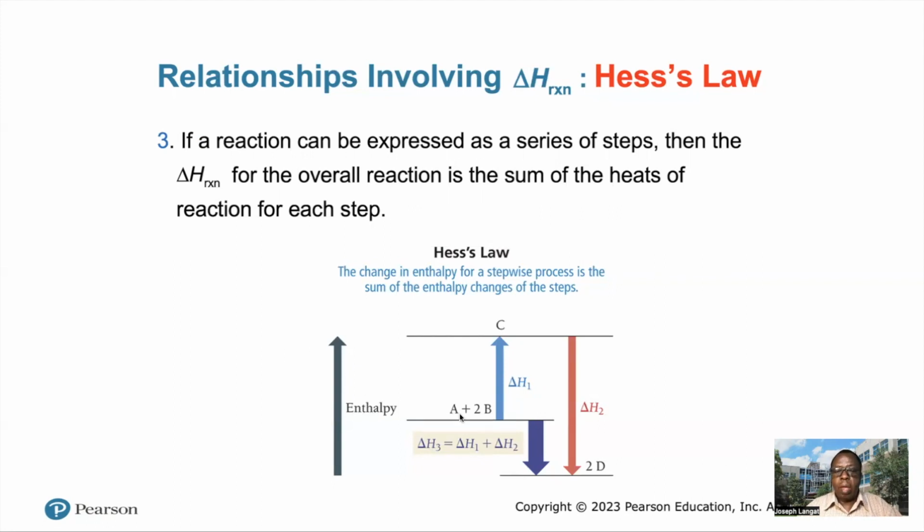Hypothetically, 1 mole of A reacting with 2 moles of B to form C. This is the first enthalpy of reaction, and assuming that C decomposes to produce 2 moles of D, we can determine the overall enthalpy of reaction by just adding enthalpy of reaction 1 and enthalpy of reaction 2 to get the enthalpy for the overall reaction.